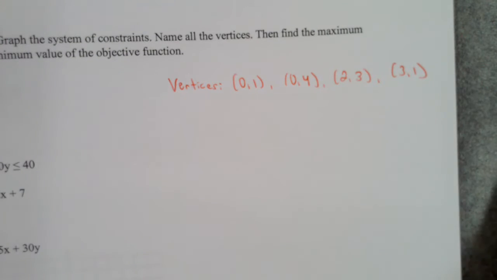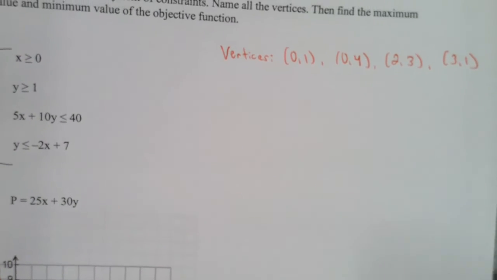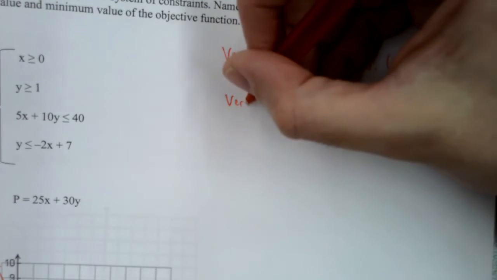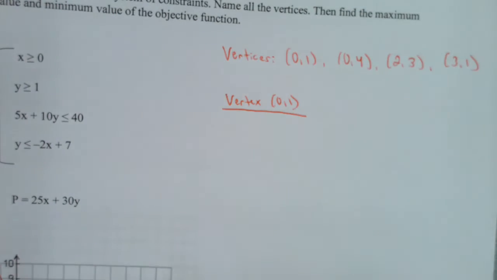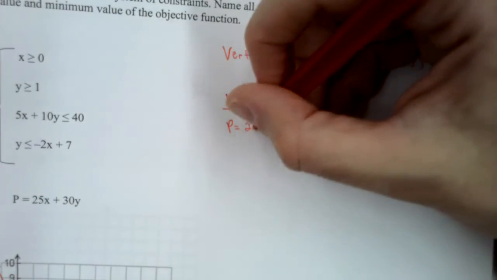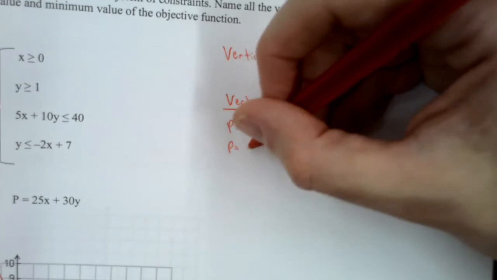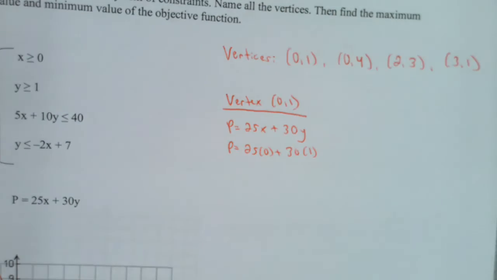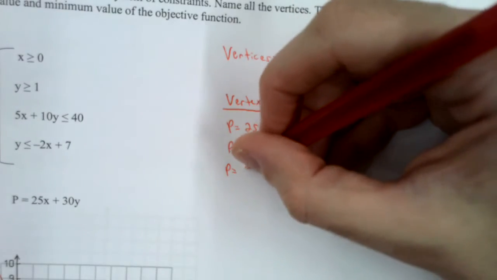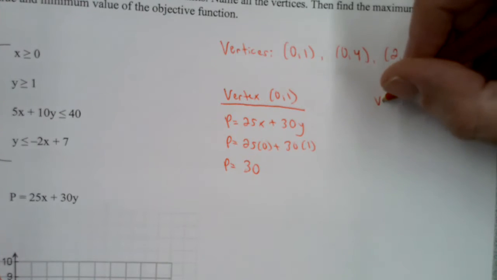So I'll go a little faster this time because we've done a bunch already. But let's start with vertex 0, 1. Our objective function is p equals 25x plus 30y. So p equals 25 times 0 plus 30 times 1. That gives you 30. Next, vertex 0, 4.